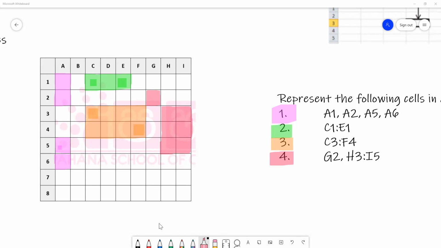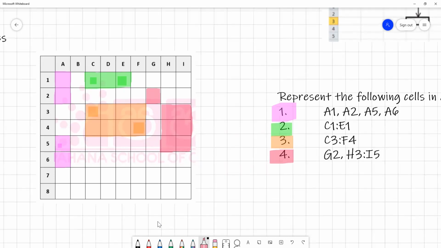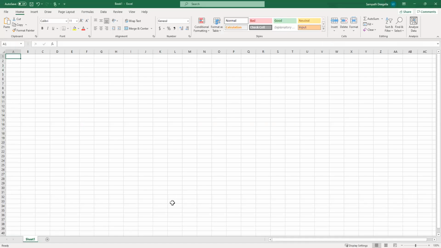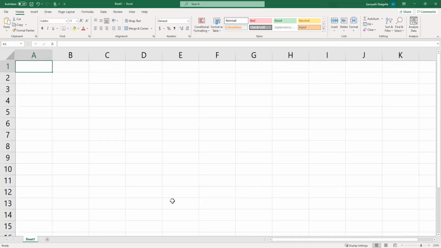Now let's take down what kind of data we can enter. First of all, I will show you. I will get a new spreadsheet. File, new. And let me share the screen. Now here is how it looks on my machine.